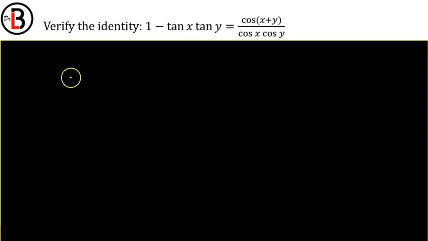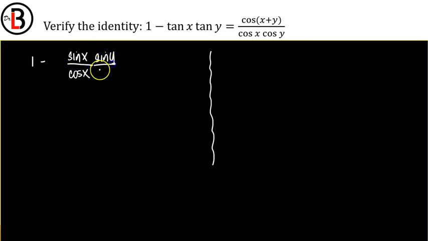Let's go to the next. In this case, since we don't know anything that contains tan A, tan B, it's up to you. You might want to use the right side, but let's just try both left and right. If I choose the left side, I can see that this is sine x over cosine x, sine of y over cosine of y.